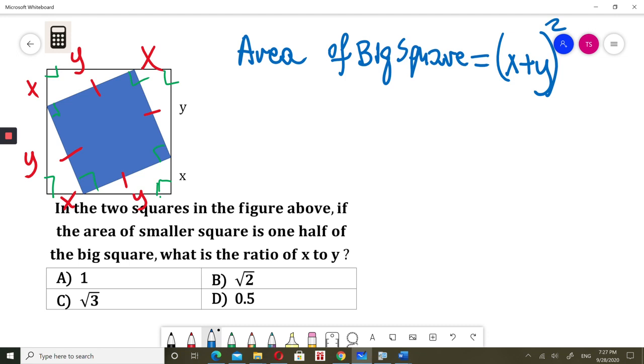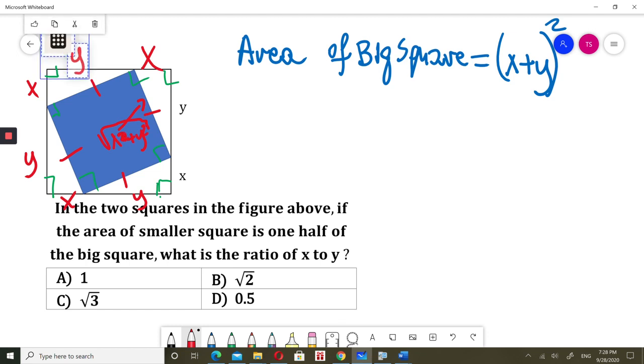Now I want to calculate the area of the blue square. From the Pythagorean theorem, I will put the distance here. The small hypotenuse of the triangle, with legs x and y, will be the square root of x squared plus y squared.